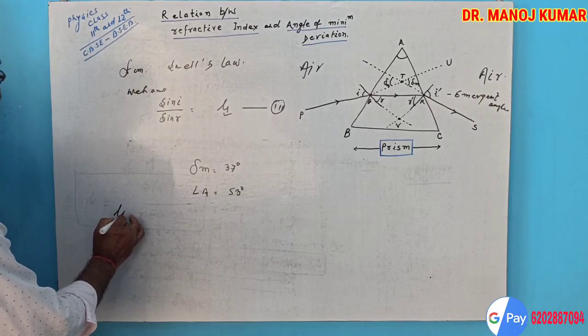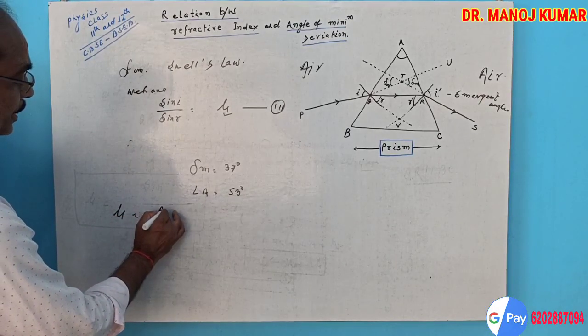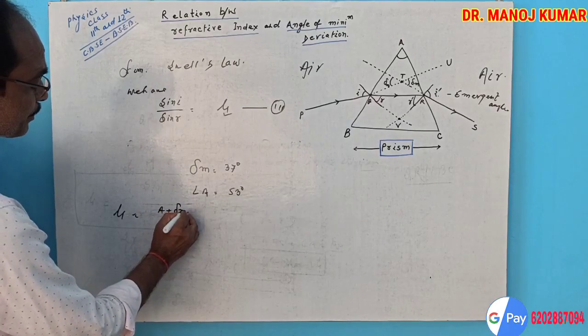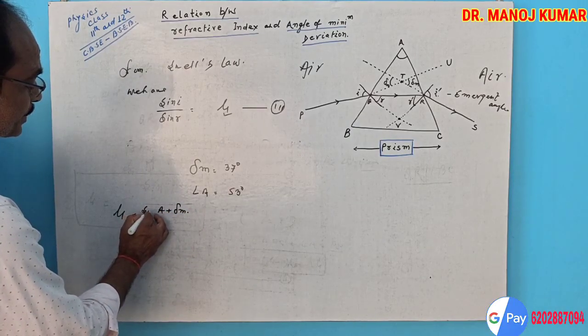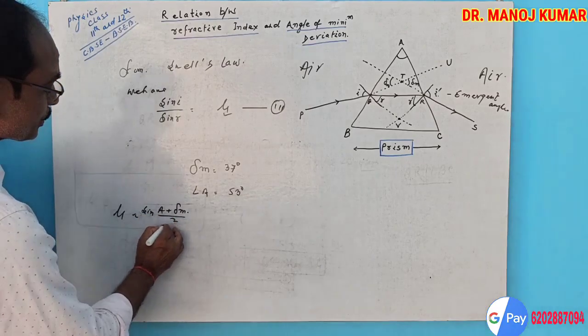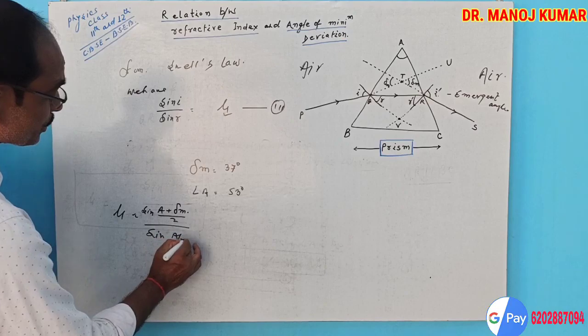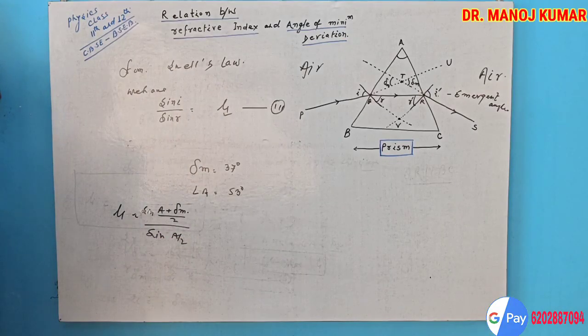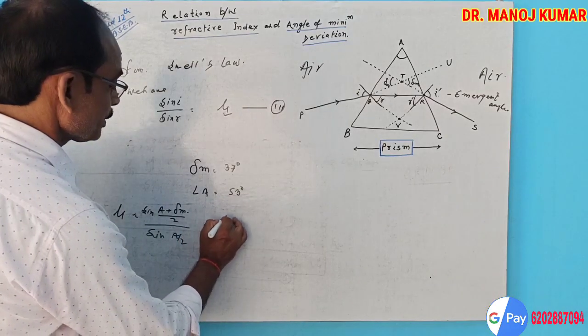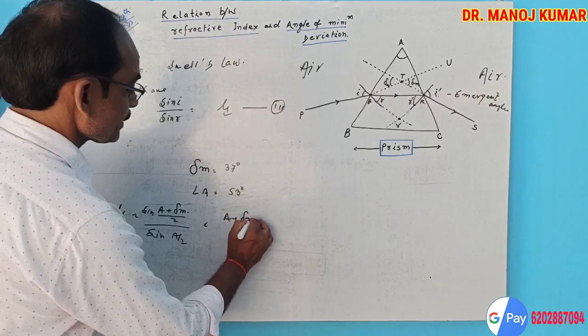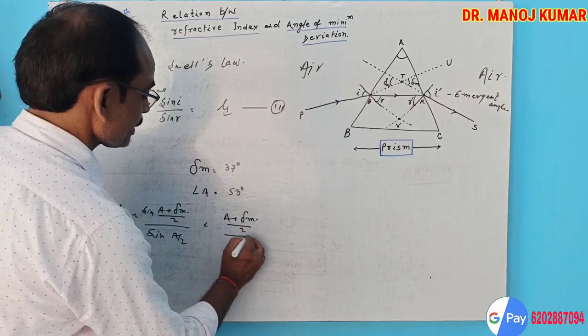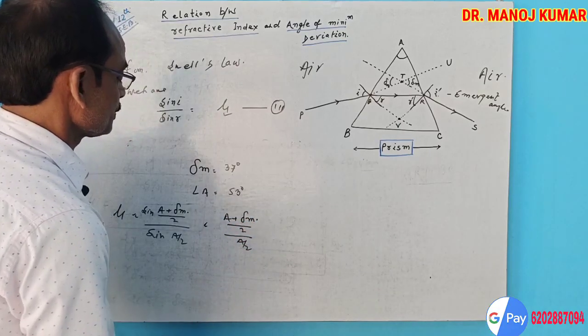We have mu equal to sin A plus del m by 2 upon sin A by 2.